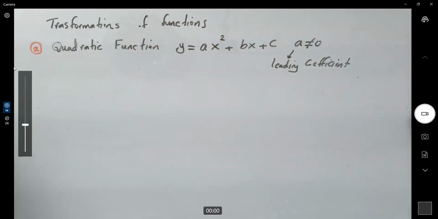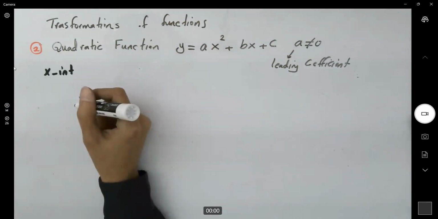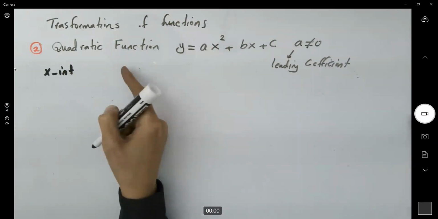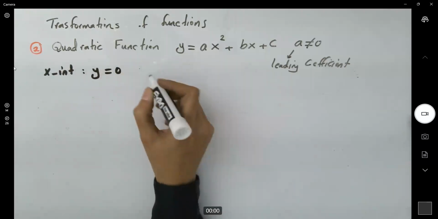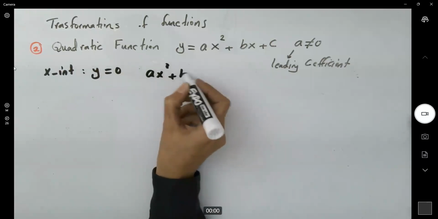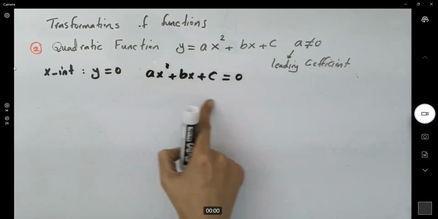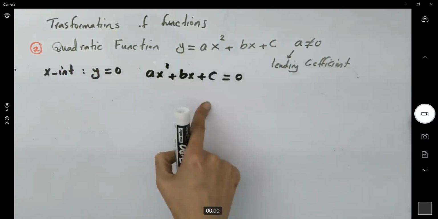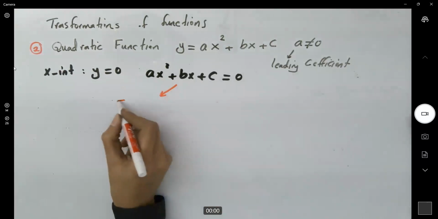For a quadratic function, the same as before, we can find the x-intercept. To find the x-intercept, we set y equal to 0 and solve ax squared plus bx plus c equal to 0. To solve this, we can either use factoring or the quadratic formula.